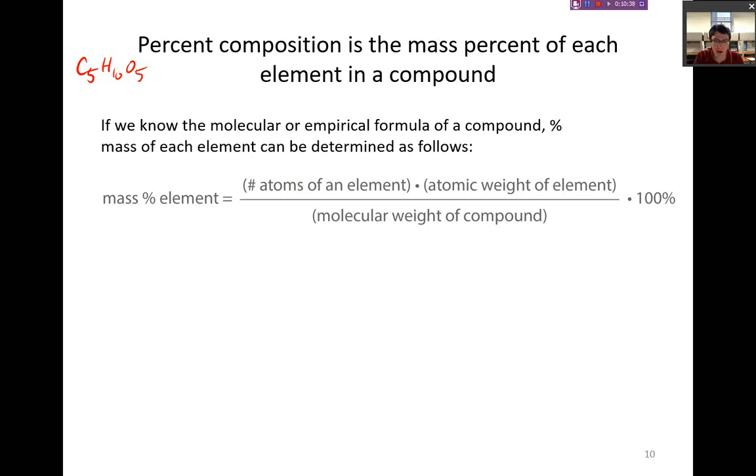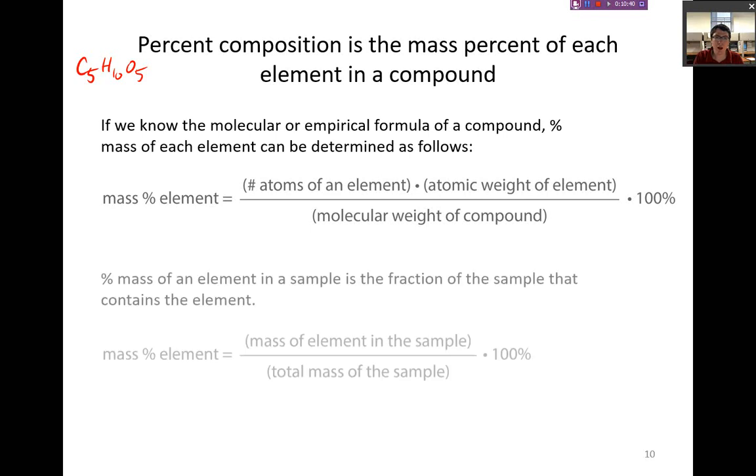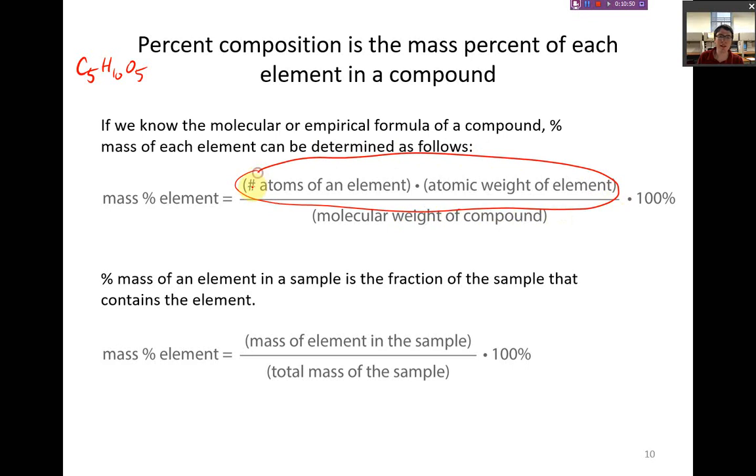We can also find the mass percent if you already know the mass of a given element out of the total. This top portion, multiplying the number of an element times its atomic weight, gets you the mass of that element in the sample. And so the mass percent of an element is essentially what fraction or what percentage of the total it contributes.